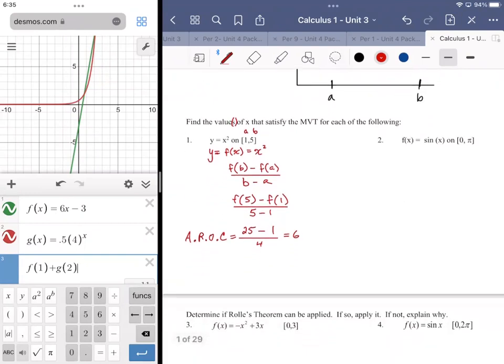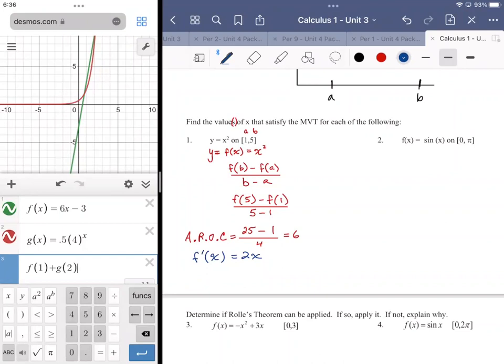So we need f prime of x, which would be 2x, right? Just simple power rule. Now, what the mean value theorem is telling us is that there will be some value of x, assuming that this is a continuous differentiable function, and when you're dealing with a quadratic, you're dealing with continuous differentiable functions for all values of x.